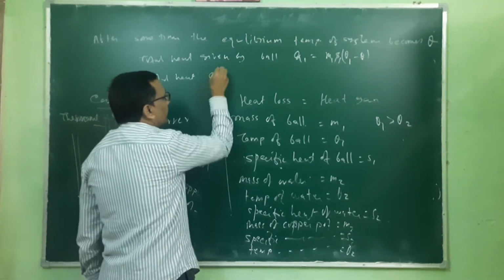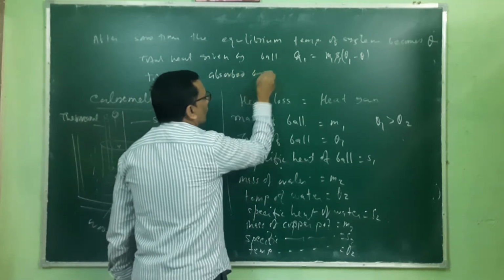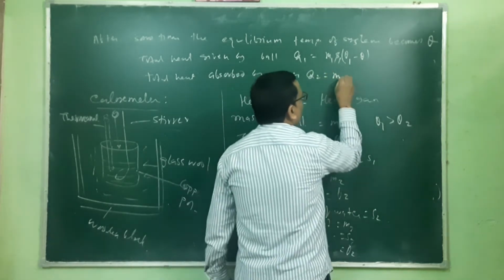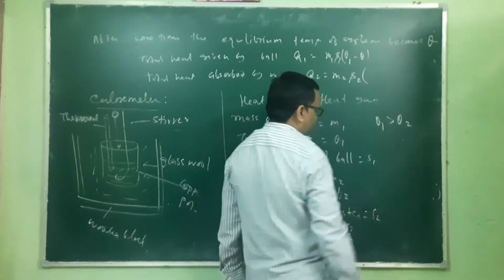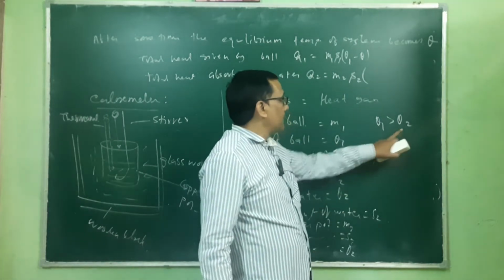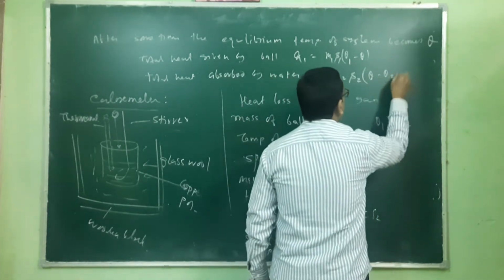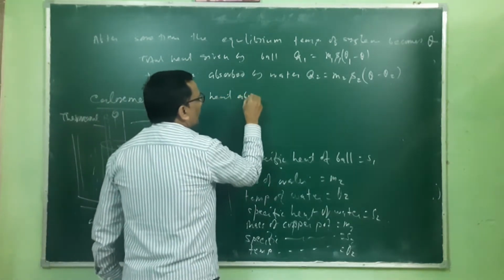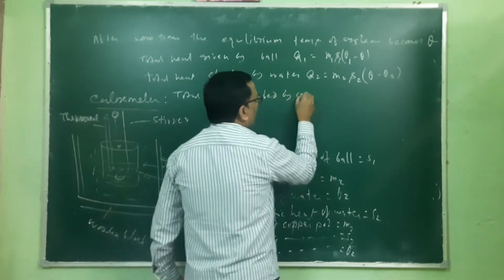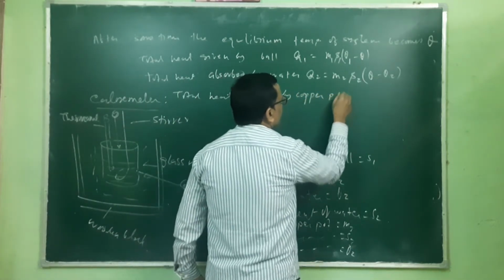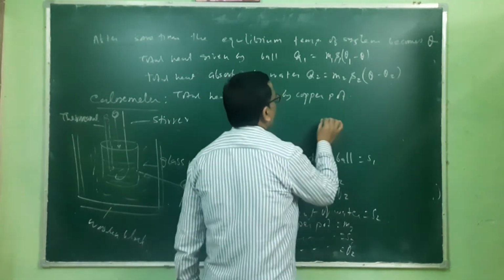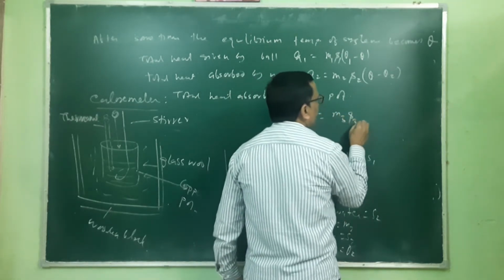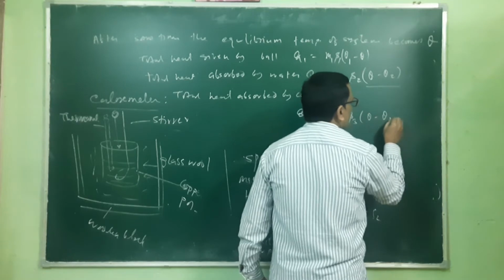The total heat absorbed by water, Q2, is equal to the mass of water M2 times specific heat S2 times the change in temperature, theta minus theta2. The total heat absorbed by the copper part, Q3, is equivalent to M3 S3, and here it is the same, theta minus theta2.